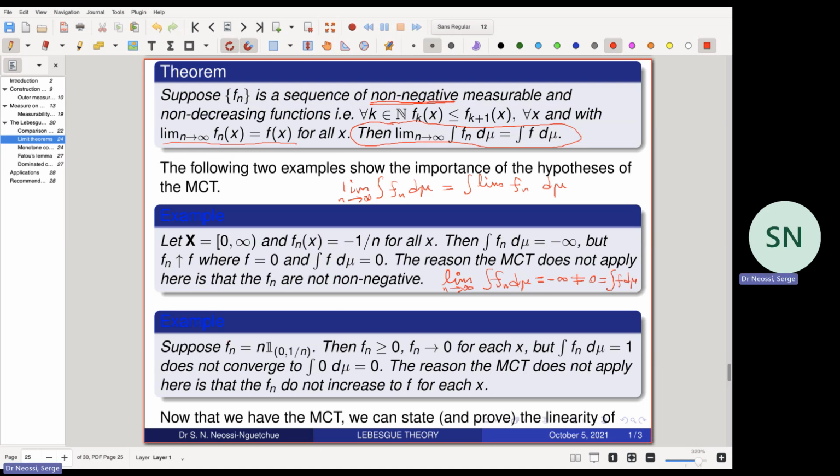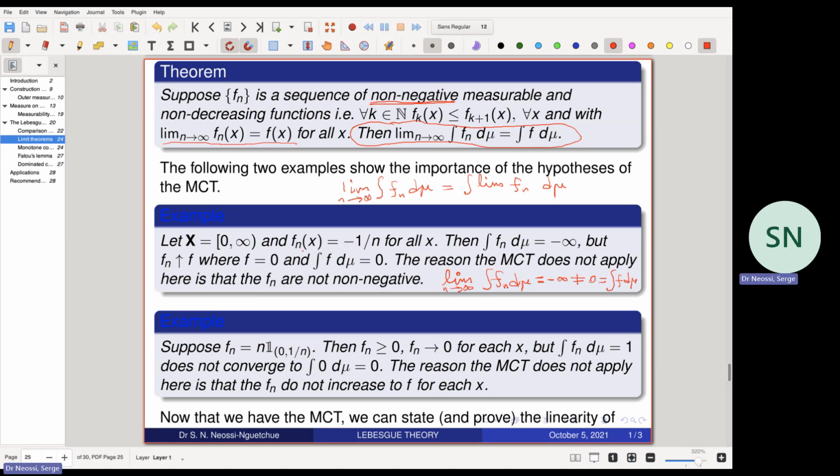Now, assume that for each n, fn is given by n times the indicator function of the open interval (0, 1/n). Each fn is positive. So we have a sequence of non-negative measurable functions. Why is it measurable?